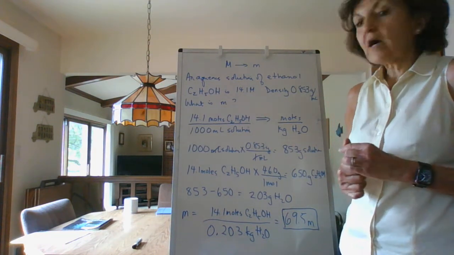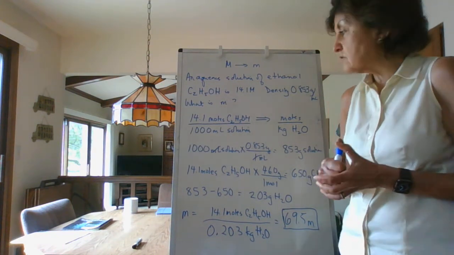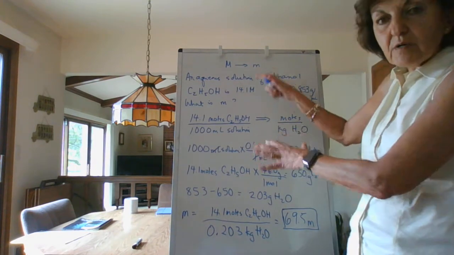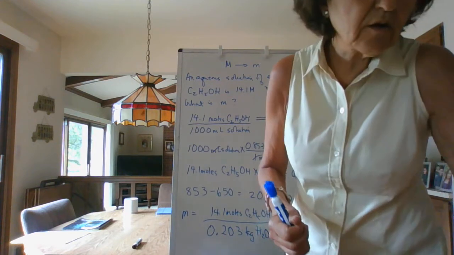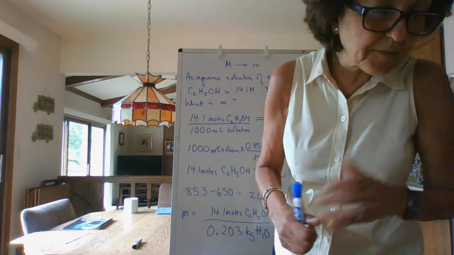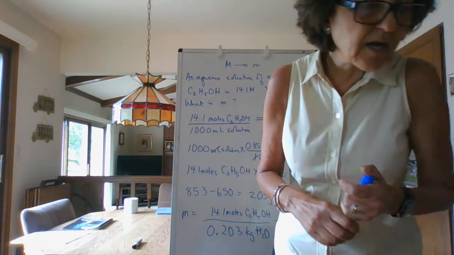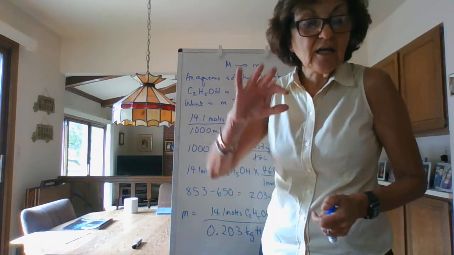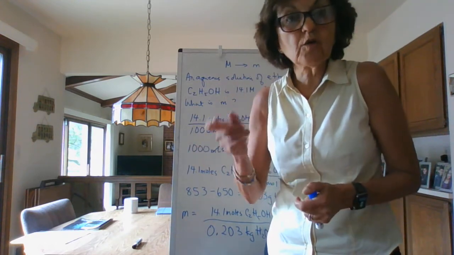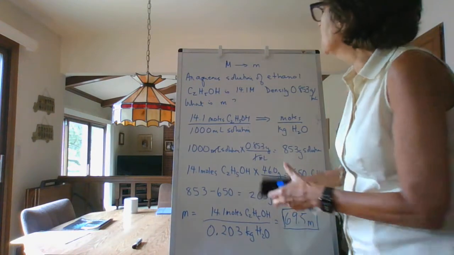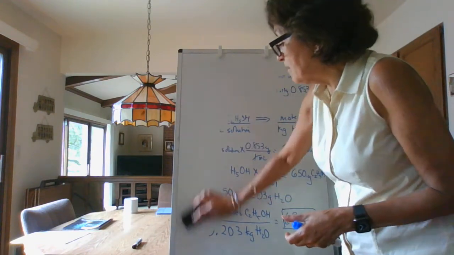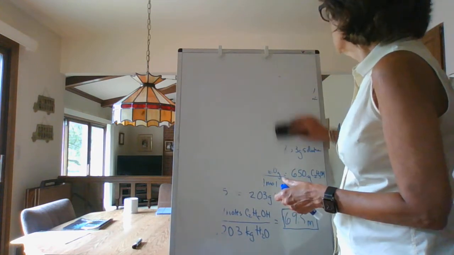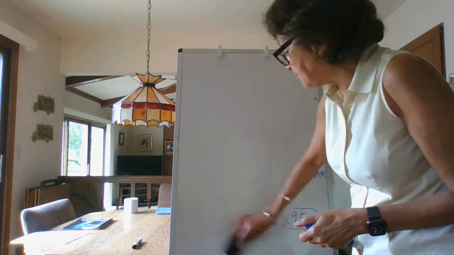Okay, so I put this problem on the board to save a little bit of time, but walked you through it. Now we're going to do one together where I'm going to have molality and I want to switch it over to molarity.